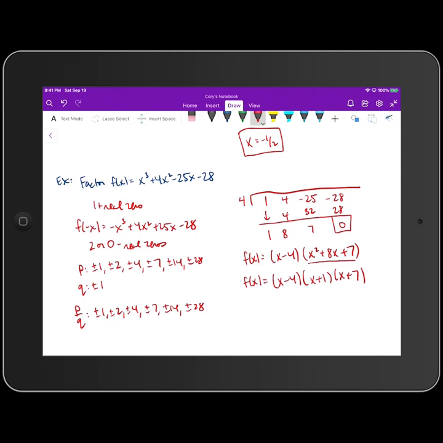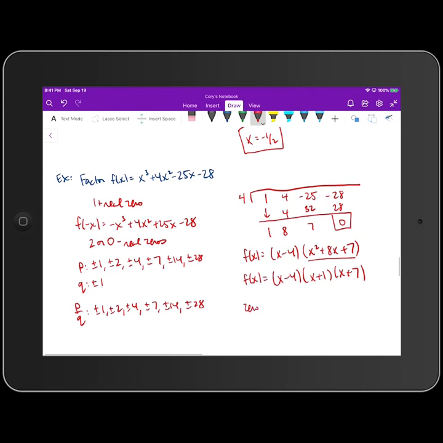If the problem asks us to find the zeros, they would be x is equal to 4, x is equal to negative 1, and x is equal to negative 7. So again, that has the one positive real zero like it was supposed to, and the 2 negative real zeros. And if you guys wanted, you could sketch the graph of that.